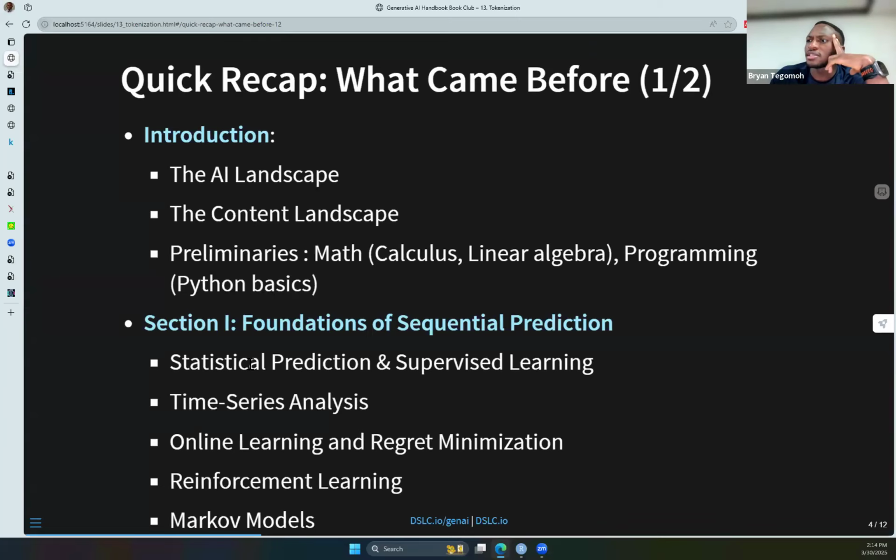Then we started a discussion talking about statistical prediction and the importance of supervised learning. During that discussion, I believe Derek took this chapter and talked a lot about some foundational concepts in machine learning. We talked about regression and linear regression methods.